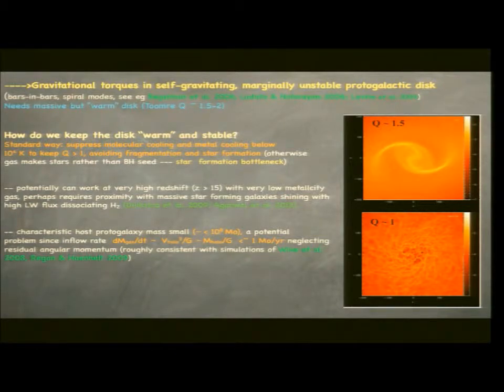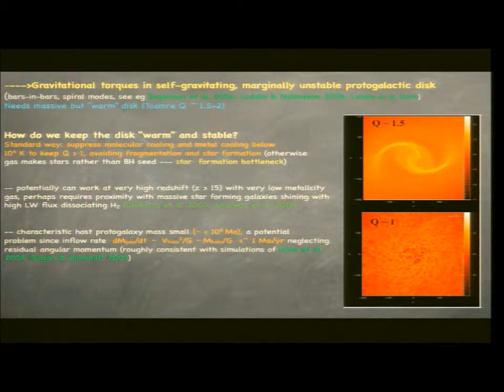So you have to suppress molecular cooling and metal cooling. That means it's a scenario that might work when you have gas that is mostly still at primordial composition, and you need to dissociate H2 in some way so that it doesn't lead to cooling as well. So you have to force the system to avoid cooling, essentially, which seems a bit difficult.